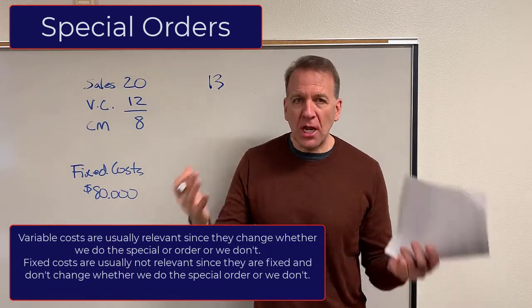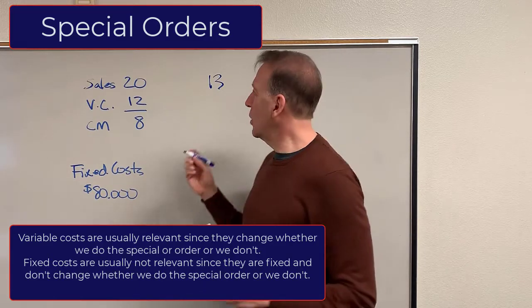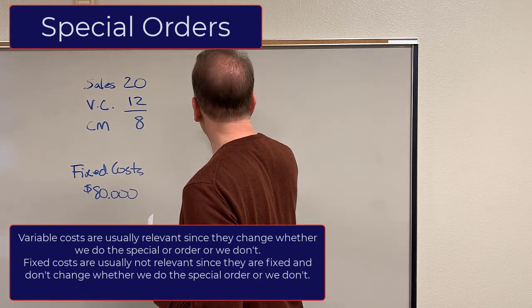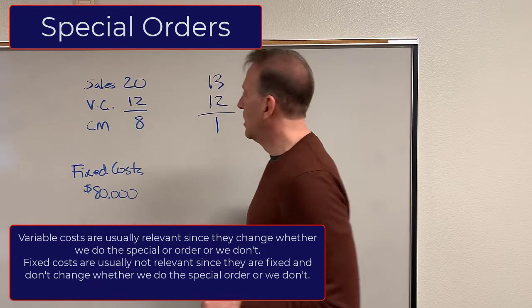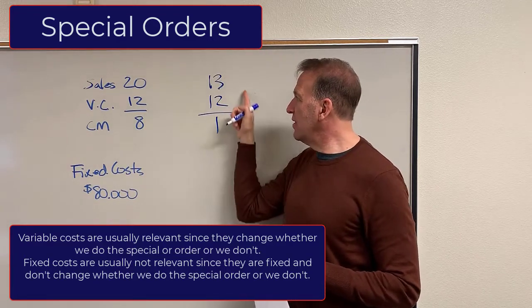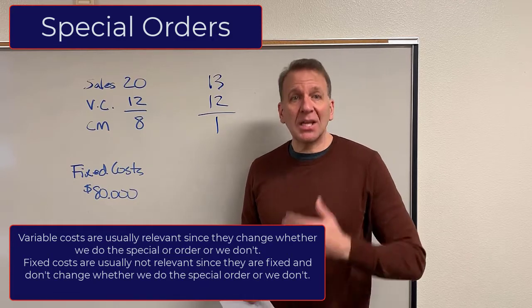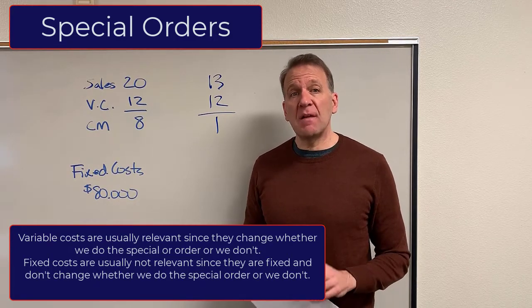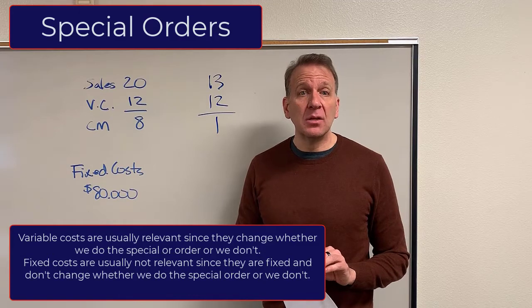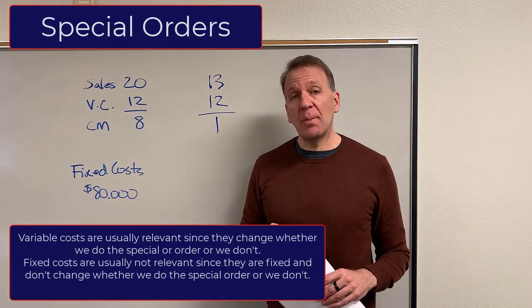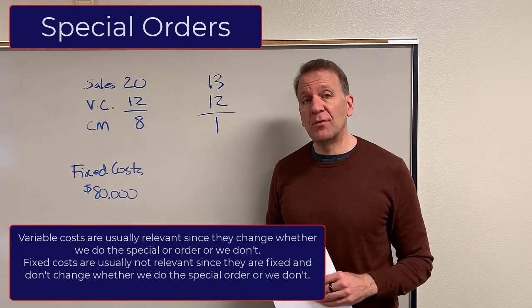It's changing between the alternatives, so it's relevant information. So my contribution margin for these soccer balls would be $1. It's a positive contribution margin. It's contributing to paying off my fixed costs and potentially to generating additional positive profit for us.